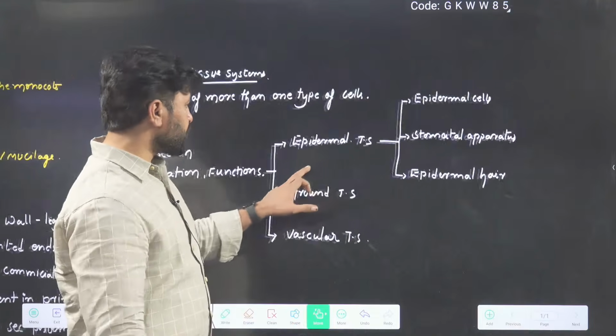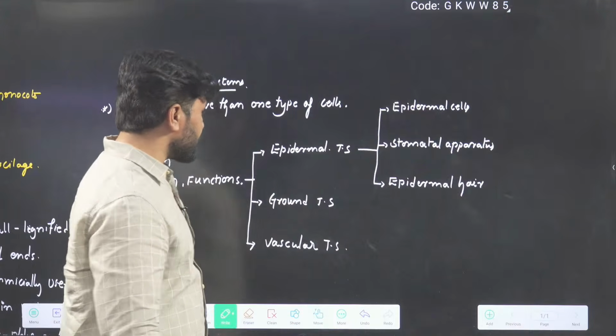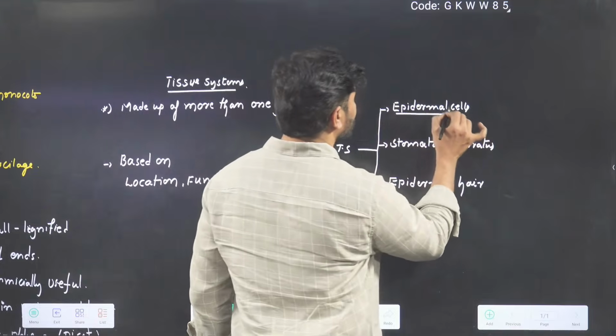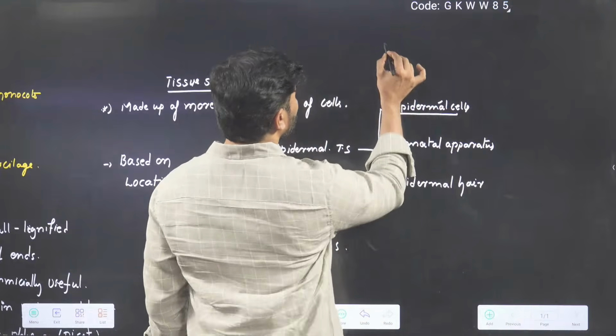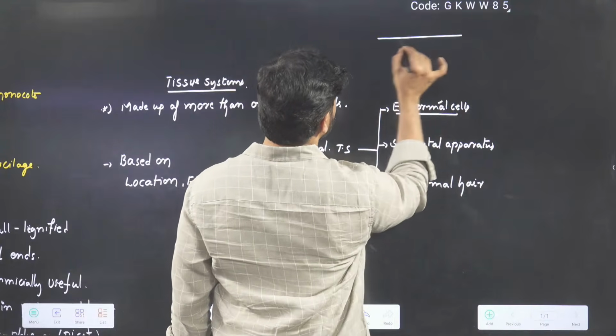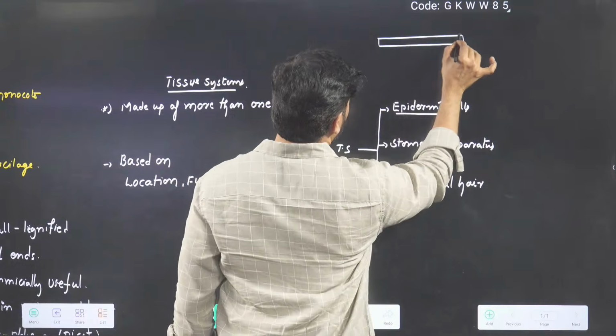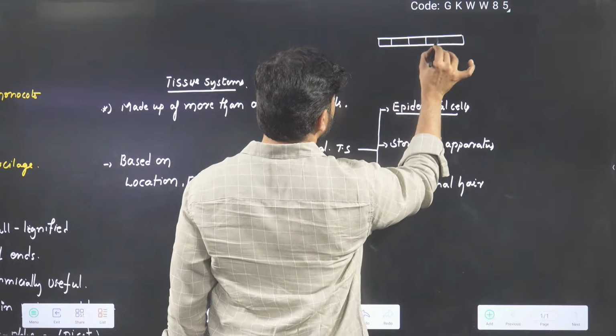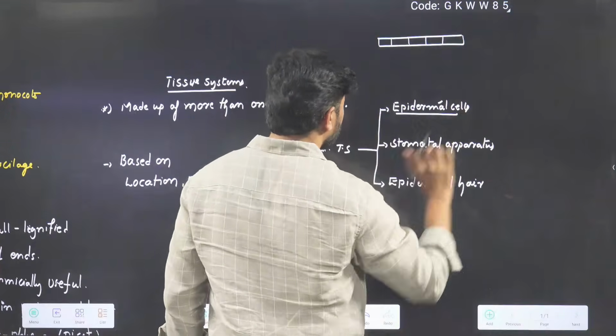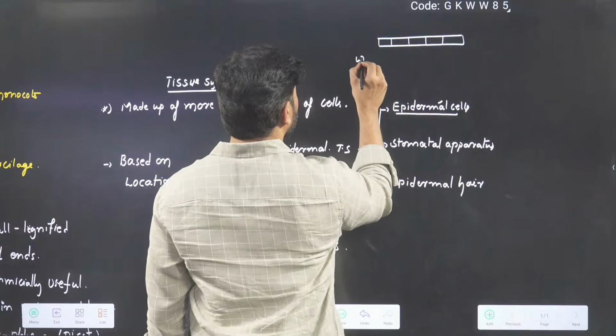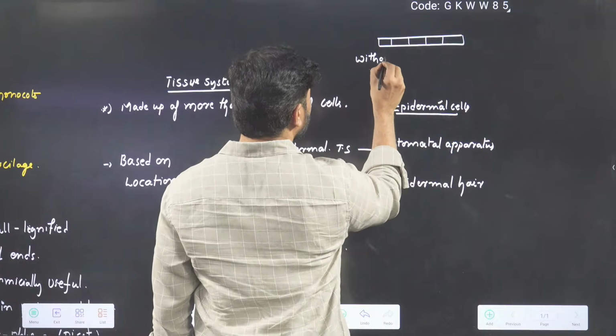In this, the easy thing is the epidermal cell discussion. Whenever you say epidermal cell, first thing, they are a unilayer of cells, just one layer of cells. They are generally arranged without intercellular spaces.